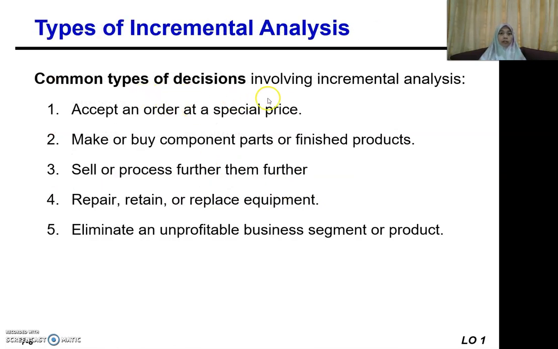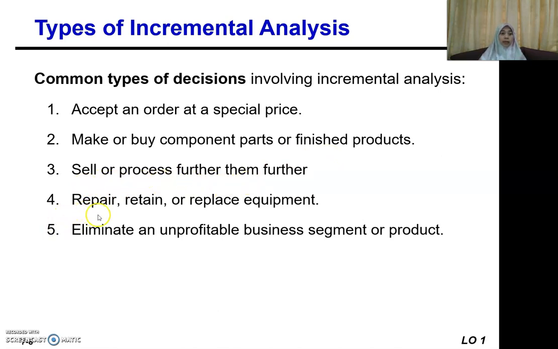Common types of decisions in incremental analysis: we will look into them one by one later in terms of the calculation. For example, you may decide whether to accept an order at a special price. You may decide whether to make or buy a particular component or a certain finished product. You may decide whether to sell at the current state or further process that item.